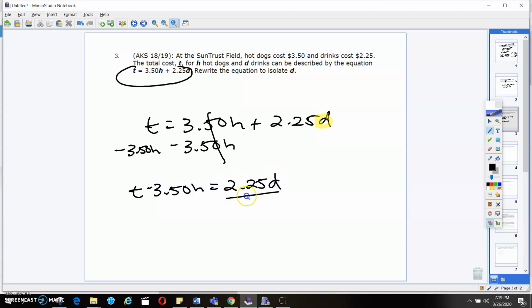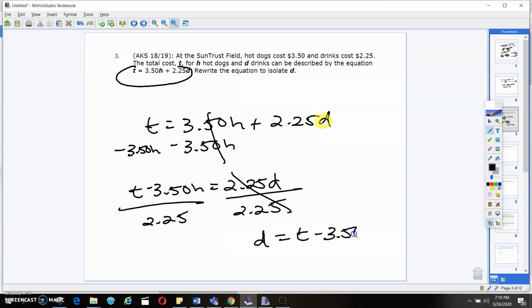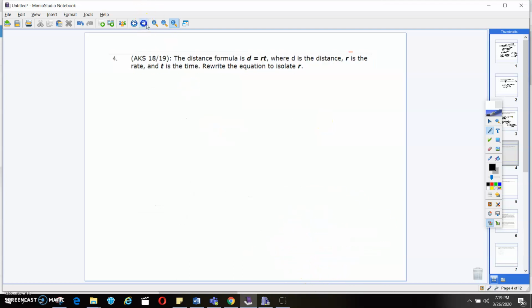I'm going to divide by 2.25 on both sides. And D is going to give us T minus 3.50h divided by 2.25. Now, this would probably be your answer, or you could divide these up into different fractions. Probably it is just going to be written like this tomorrow, though.